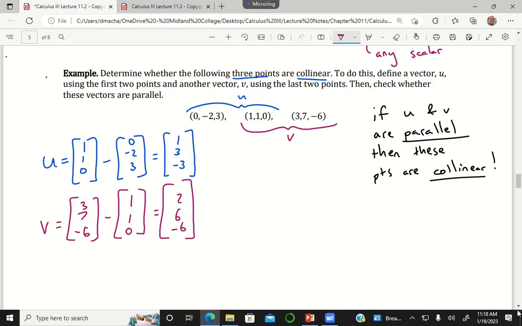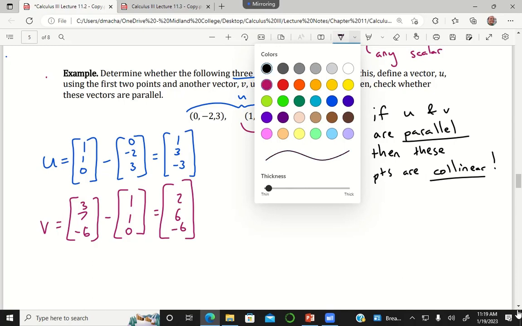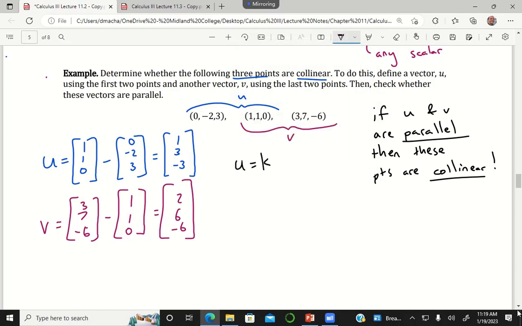So like I said, if u and v are parallel, then these 3 points are collinear. And if u and v aren't parallel, then these points are not collinear. So is my blue vector here, (1, 3, -3), parallel to (2, 6, -6)? Yeah. And the parallel equation is saying that u is equal to k times v.